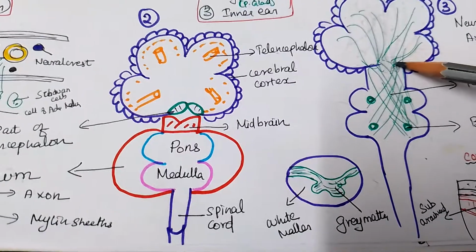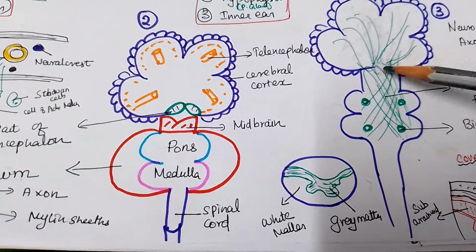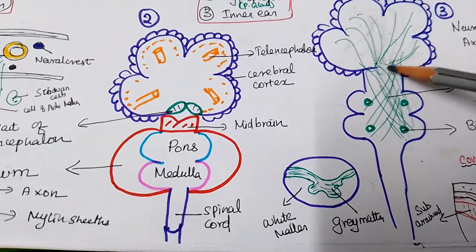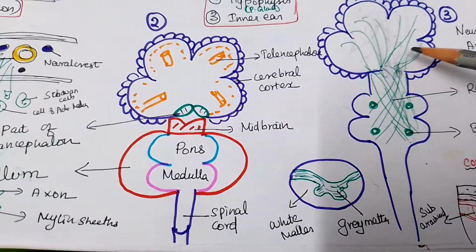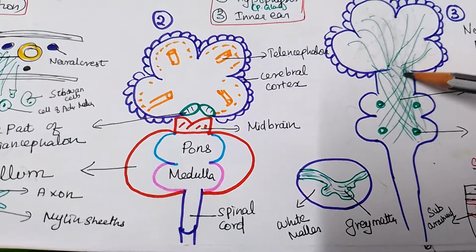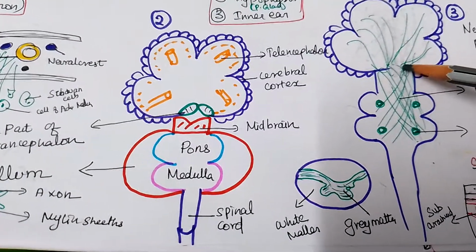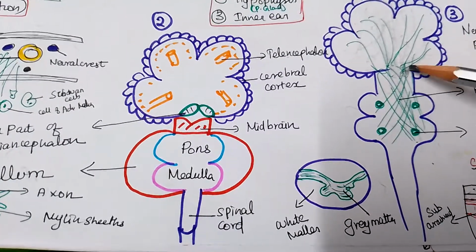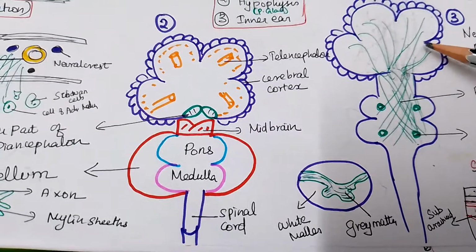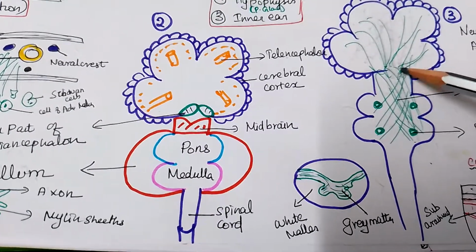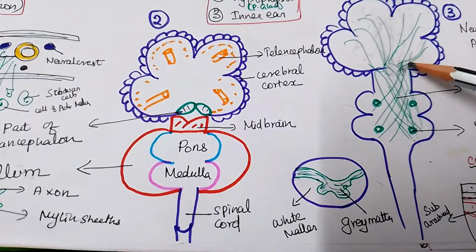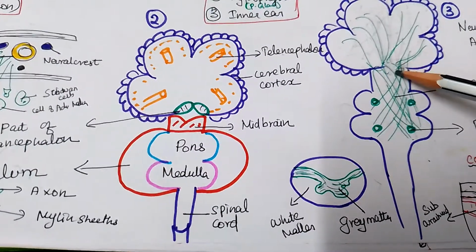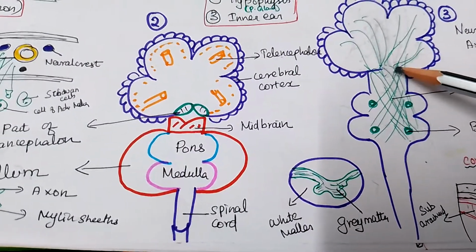Many tracts of nerves, like olfactory or auditory nerves, are crossing in the white matter, and their nuclei together form a gray structure called the basal nuclei.